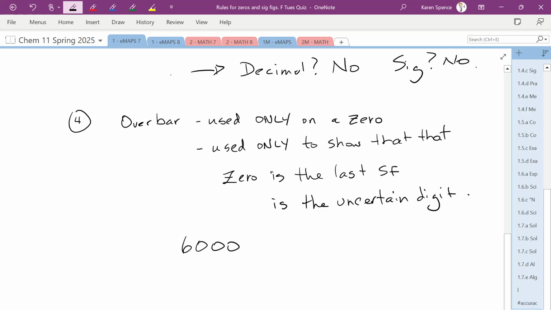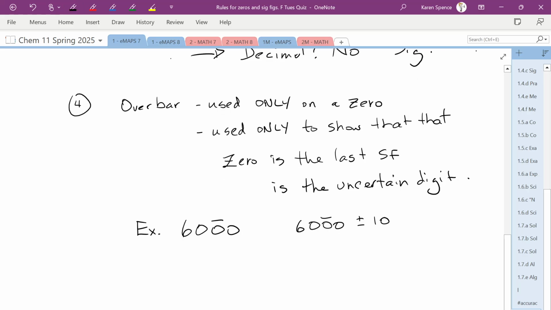The overbar on the second to last zero. So for example, let's say we have this. That's uncertainty, but the zero afterwards is not uncertainty. This is 3 sig figs. What this number means is that it is 6,000 plus or minus 10.